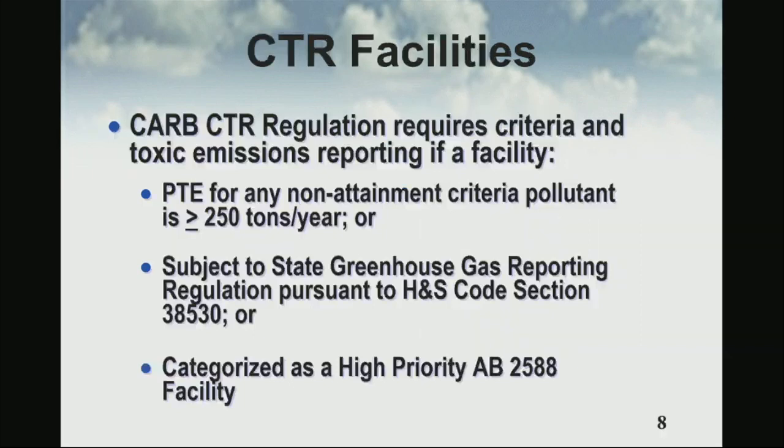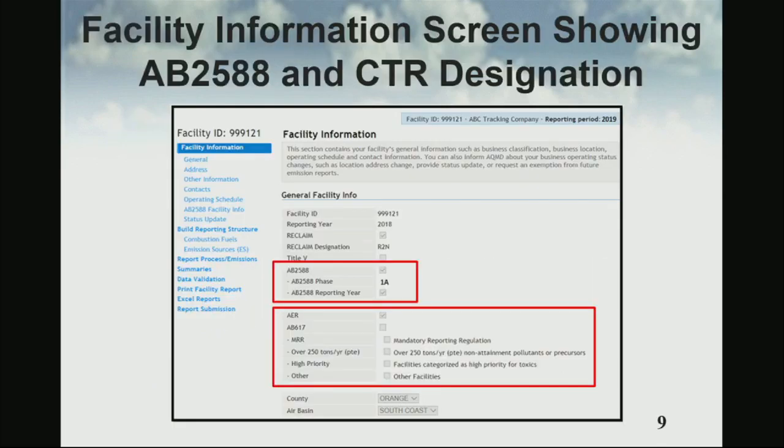I also mentioned the CTR facilities, California Air Resources Board. So in the web tool you can figure out if you're designated as CTR or AB 617, I think is what it's actually labeled in the web tool, or if you were designated as AB 2588. The top box shows if you're an AB 2588 facility and what phase you're in.